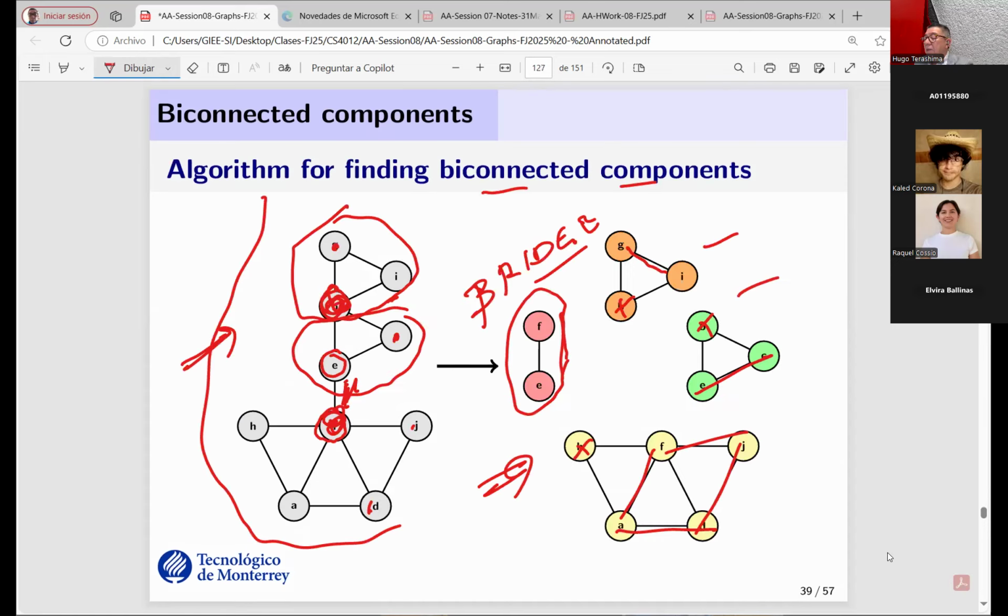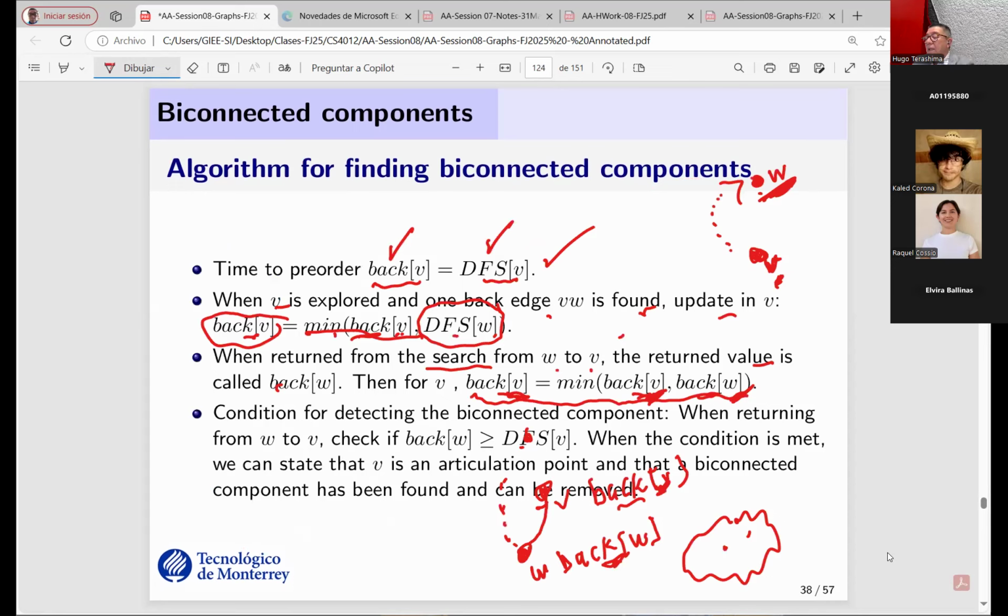In order to detect a biconnected component when returning from W to B, again check if back of W is greater or equal than DFS of B. I'm returning from this W to B. If the condition is met, we can state that B is the articulation point and the biconnected component has been found.